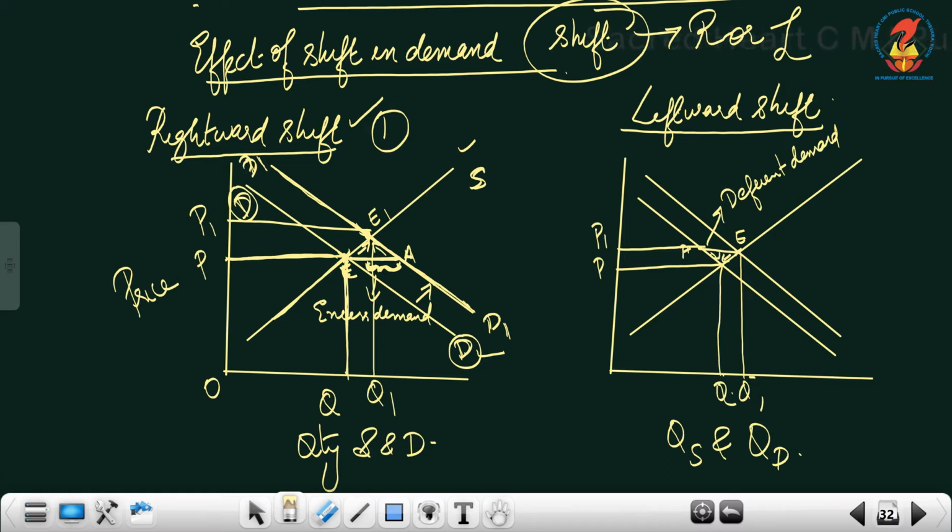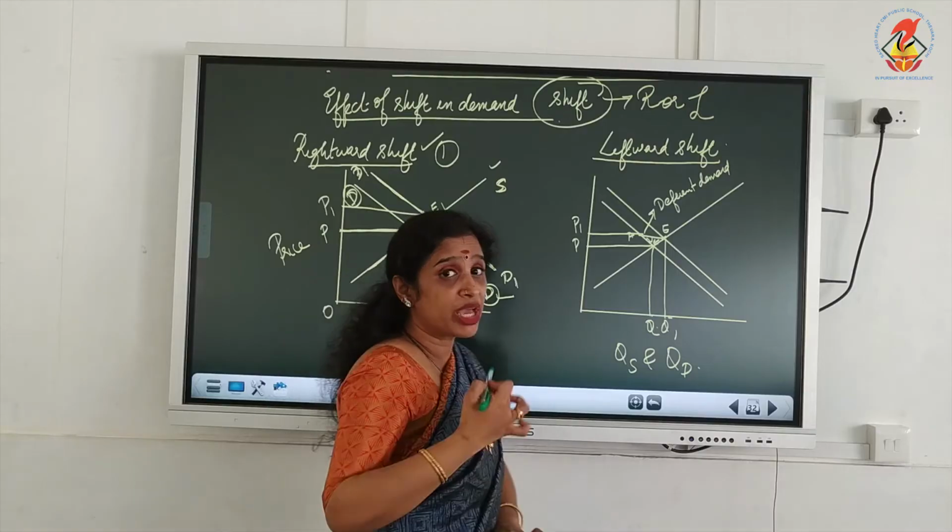Now this part EA is the excess demand: from the initial equilibrium point, if we measure the distance to the new demand curve, I have given the end point of that as A. This is the excess demand. Now excess demand will be met by the producers only if the price is increased, isn't it? Because people are demanding more and more.